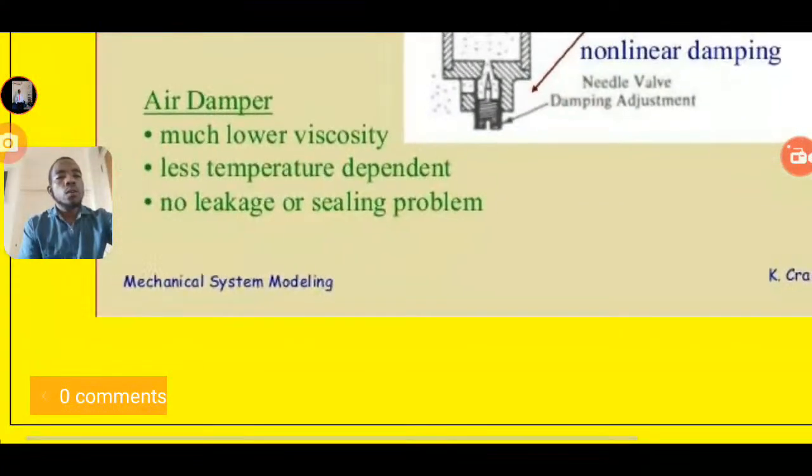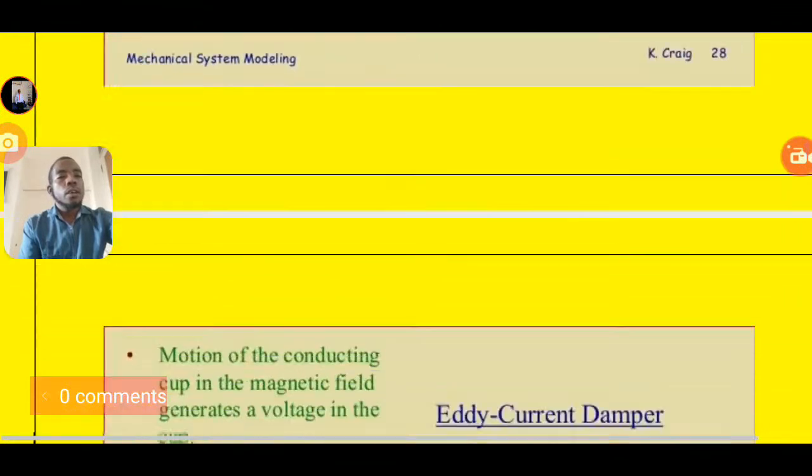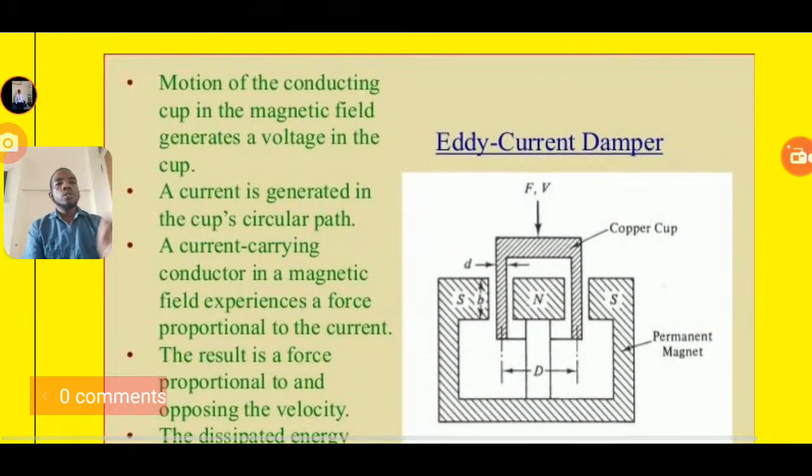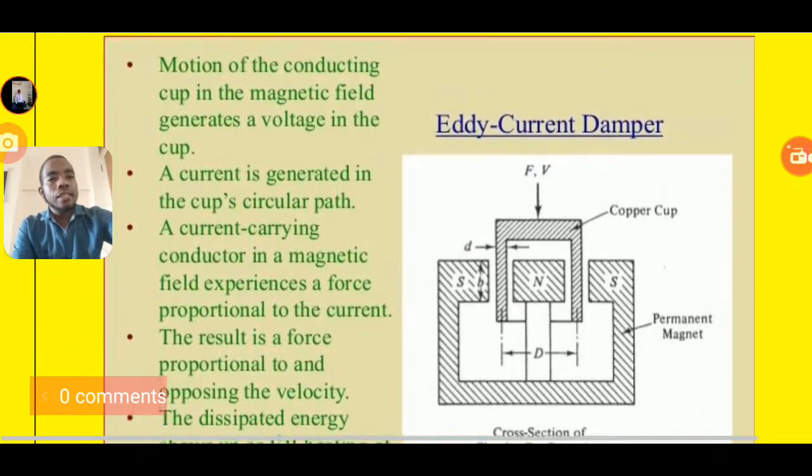So this is according to the air damper. And the other thing is, motion of the conducting cap in the magnetic field generates a voltage in the cap. So a current is generated in the cap's circular path. This we are talking about, the eddy current damper.